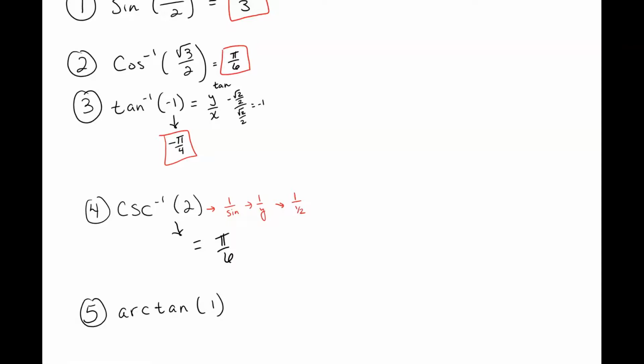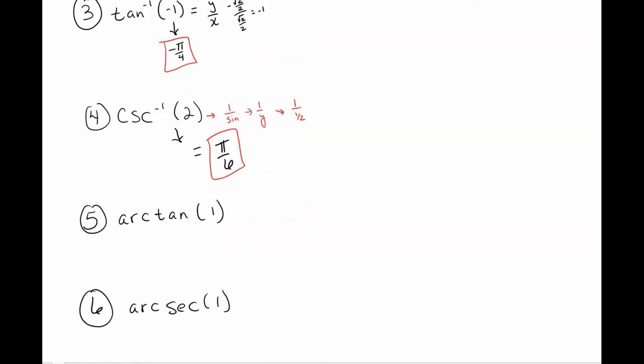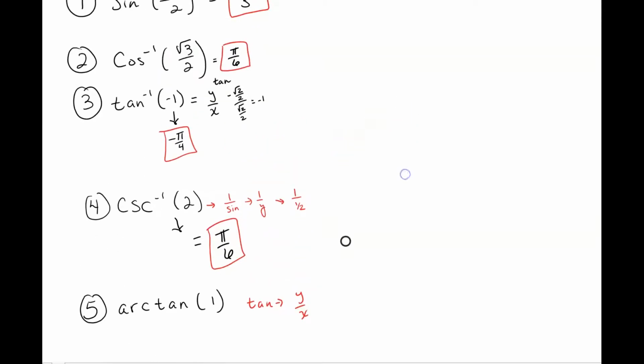And let me change my pen color real quick. All right, and then let's take a look at number 5 here. The arctangent of 1. Well, tangent, recall, is y divided by x. So in this case, y and x have to be equal in sign, so they're either both positive or both negative.